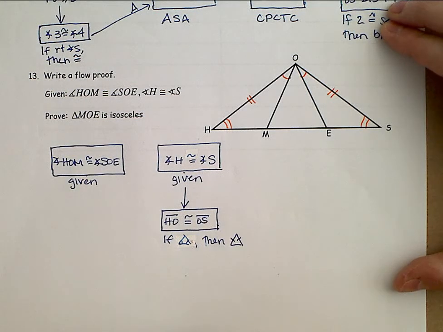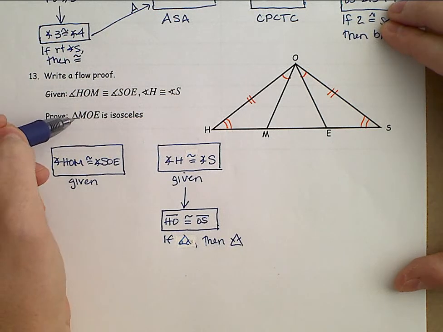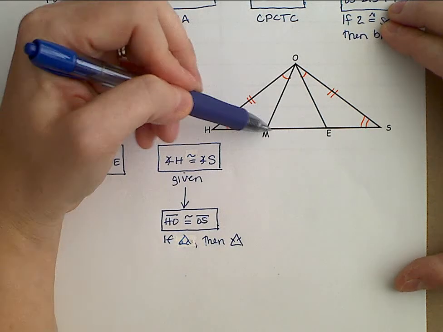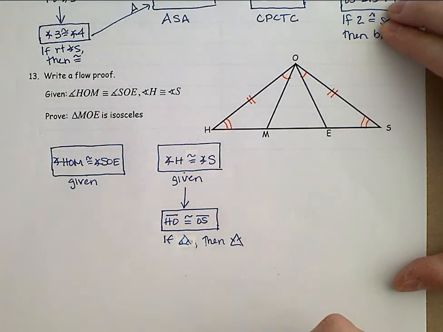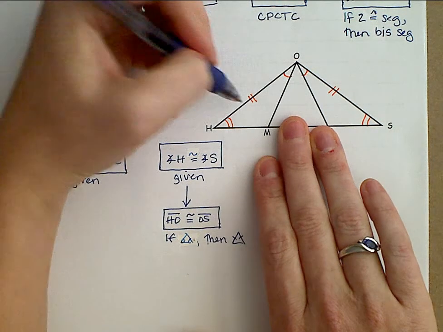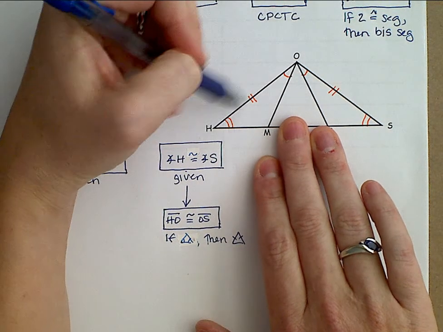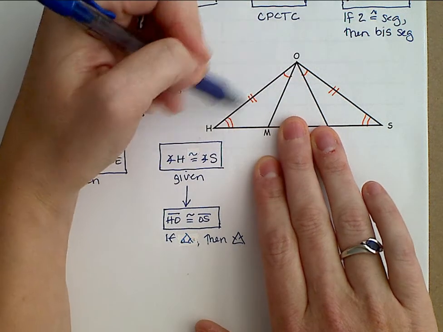If you look at your diagram, we are trying to prove that triangle MOE is isosceles. MOE is this middle triangle right here. Okay. Looking, if we cover up the middle part, these two side triangles, do you notice that we have enough now to prove that they are congruent by angle, side, angle?